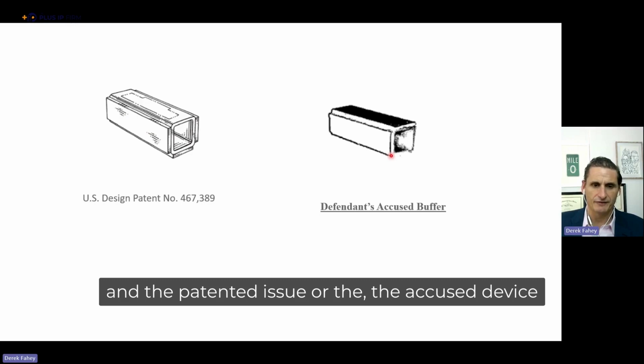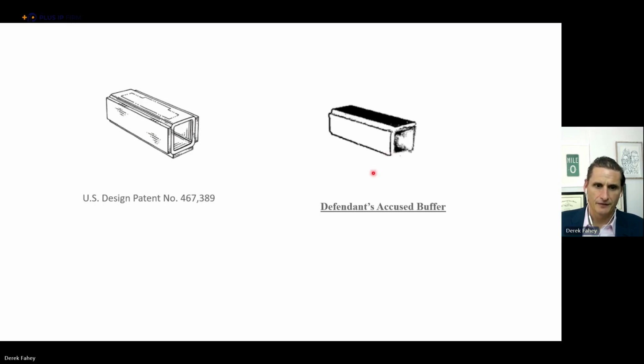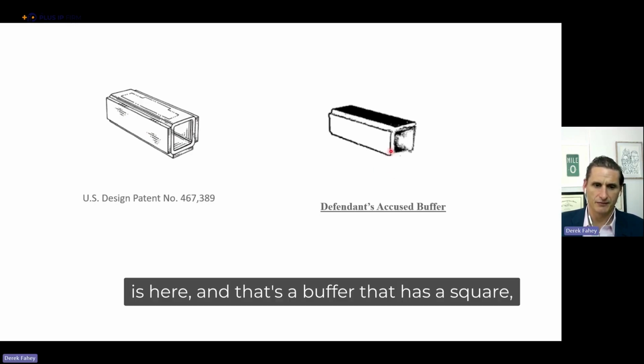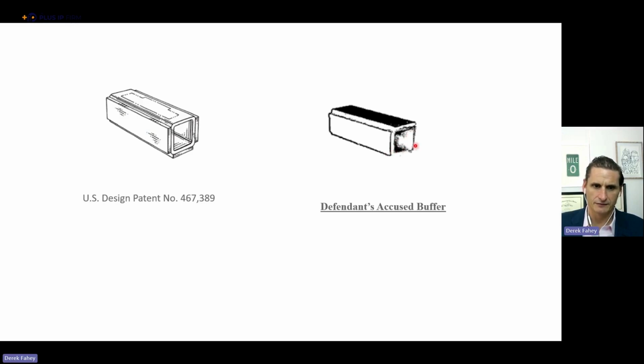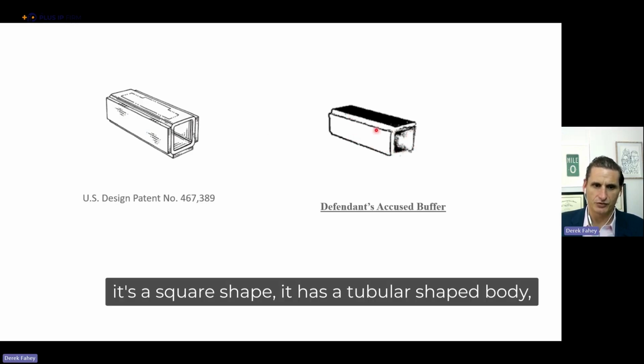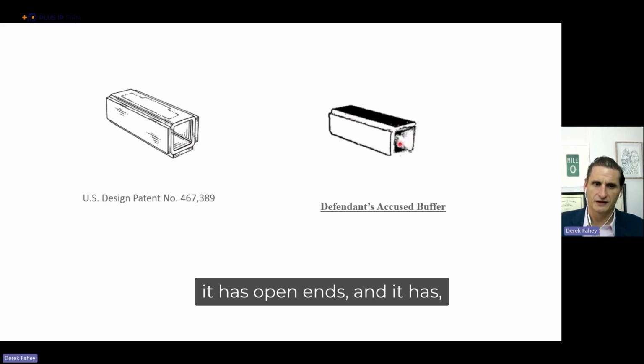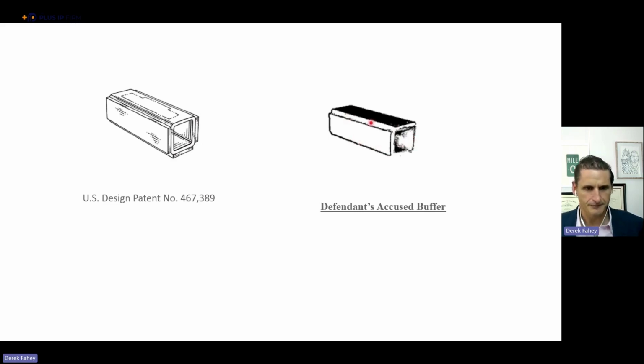The accused device is here. It's a buffer that has a square shape. It has a tubular shaped body. It has open ends, and it has the buffing part on all four sides.